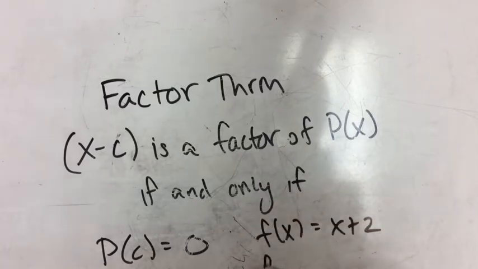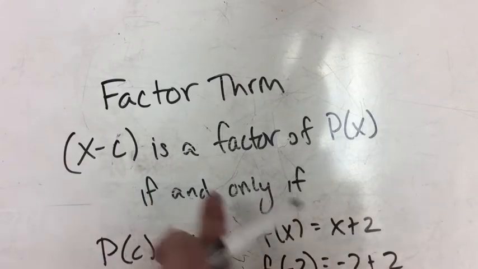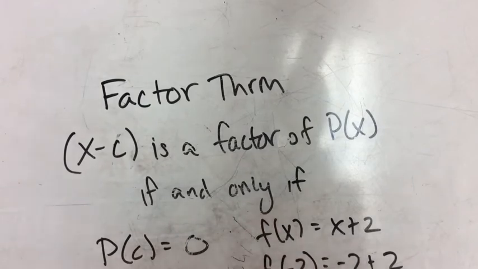And you guys would tell me that, well, f of negative 2 makes this function come to be 0. Okay, so therefore negative 2 would be a root of this function. So we're looking for c's, or critical numbers, that will make the polynomial 0.